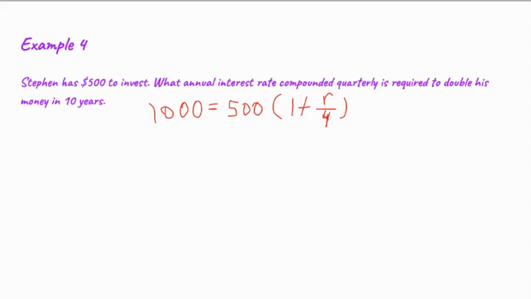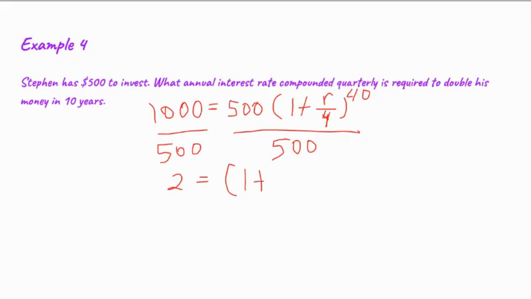And then 10 years. So this would be to the power of 40. So once again, we'll start by dividing by 500. We get 2 equals 1 plus R divided by 4, to the power of 40.